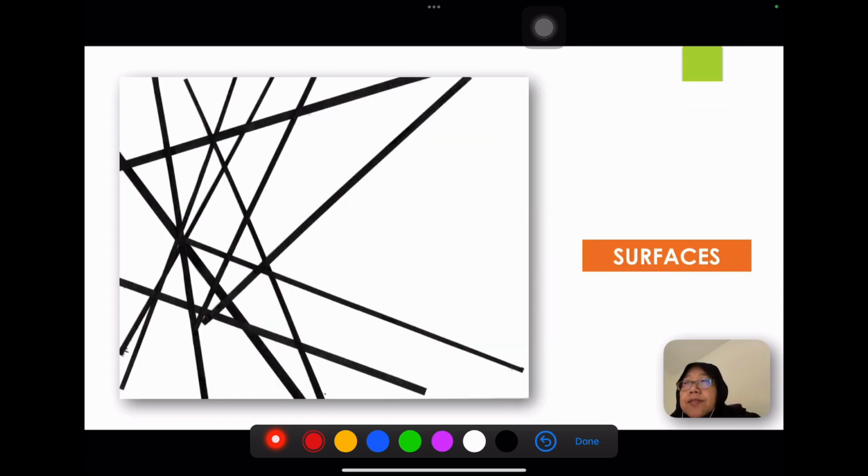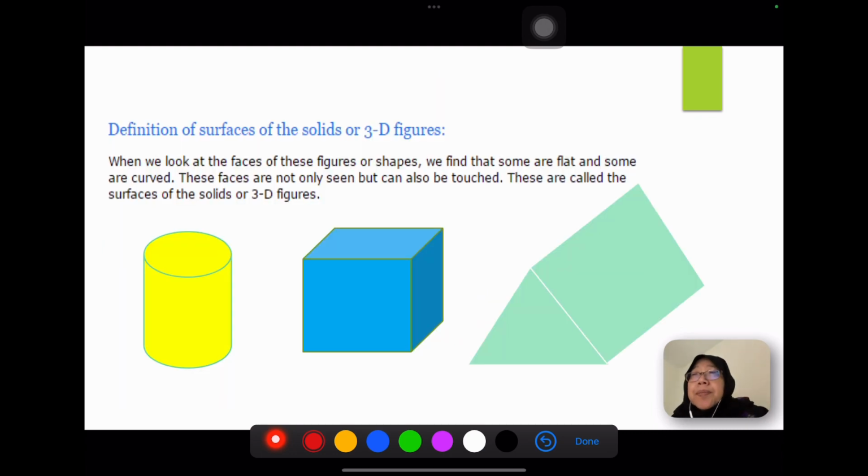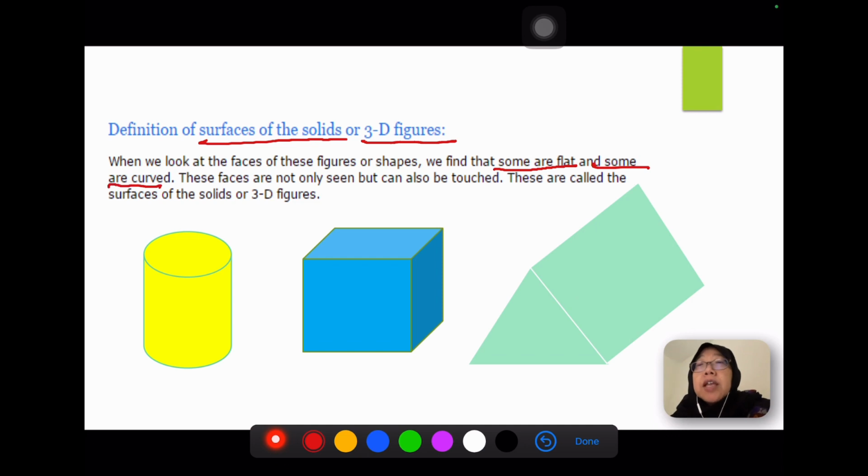Okay, let's look at surfaces. Is it faces or surface? What's the difference? Let's look at the definition of surfaces of solids or 3D figures. When we look at 3D figures or 3D shapes, we can find that some surfaces are flat, and some are curved.